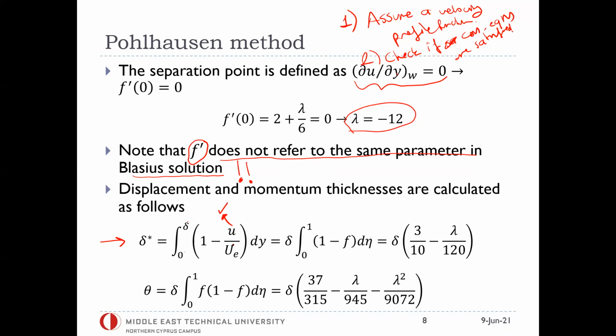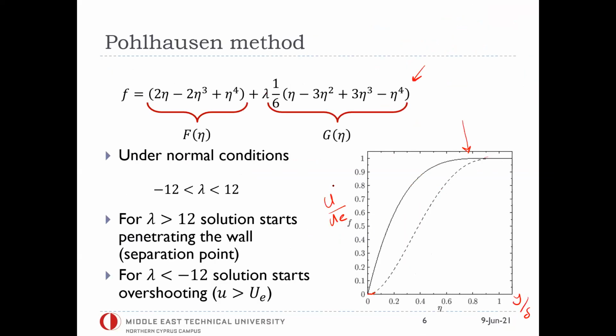And by the way, this U over UE, we called it f before. When we multiply with delta, this variable becomes eta. So it becomes equal to an integration from 0 to 1 of delta times 1 minus f d eta, and f is this function over here.